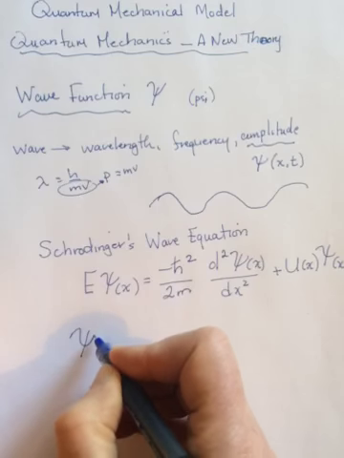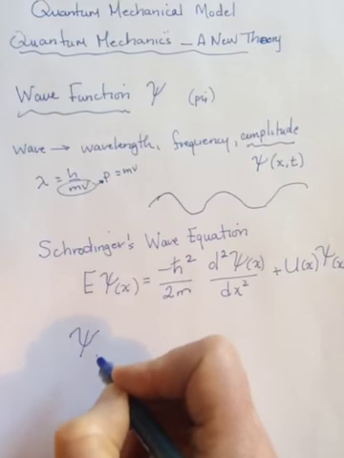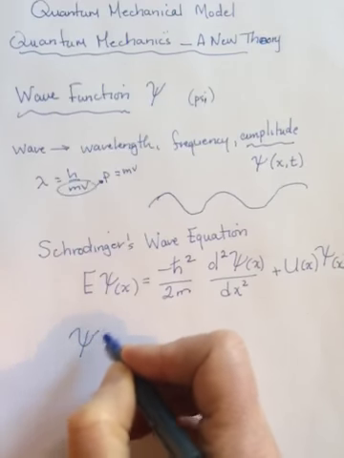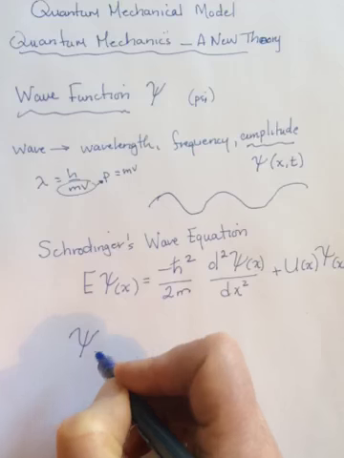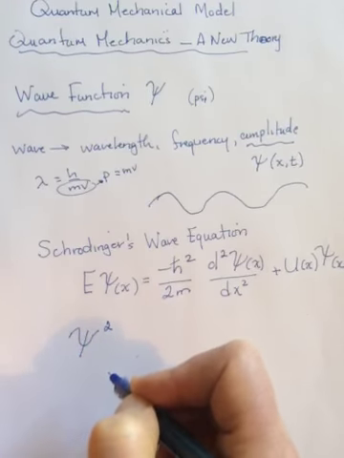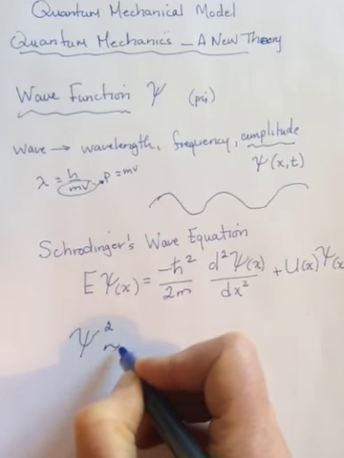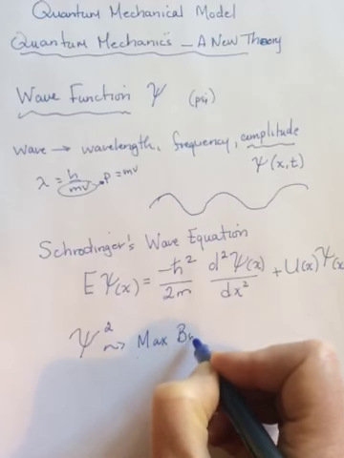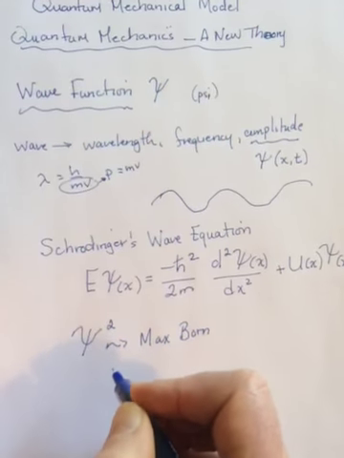And we're going to get in a moment to the point of realizing that we can never actually find this wave function. The best we can find is the wave function squared. And this part is brought to us by Max Born, another one of the scientists that some of you would have had.